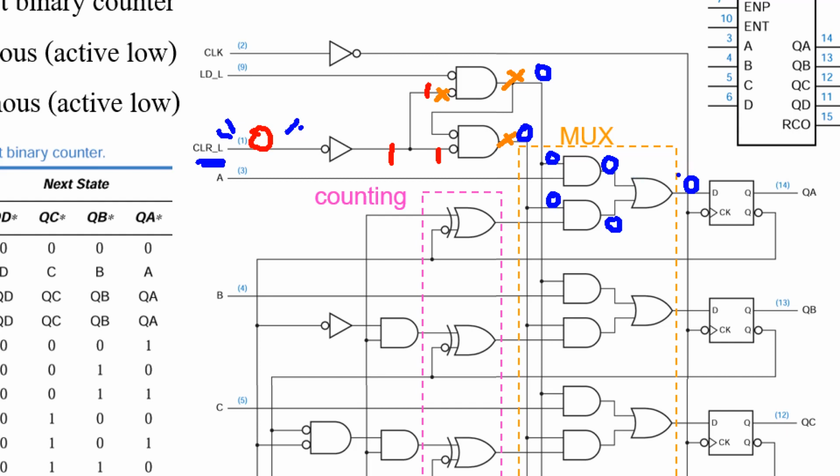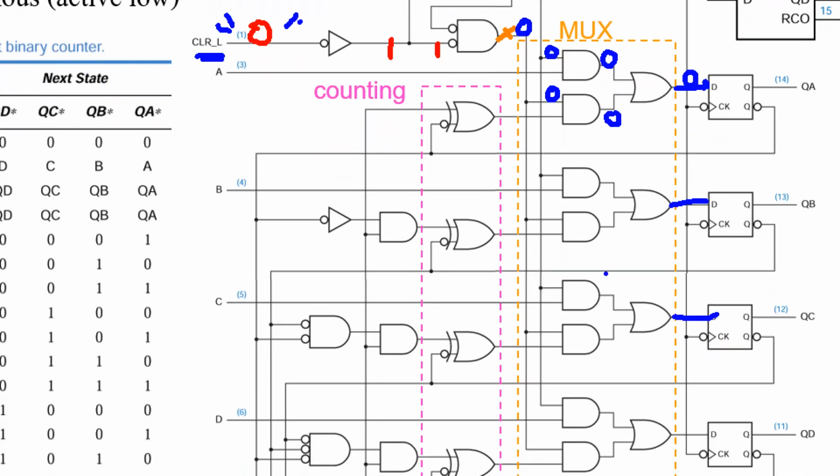the value 0 will feed to the input of the D flip-flop. This one also, and this one also. 0, 0, 0 will be applied to the input of the D flip-flop.